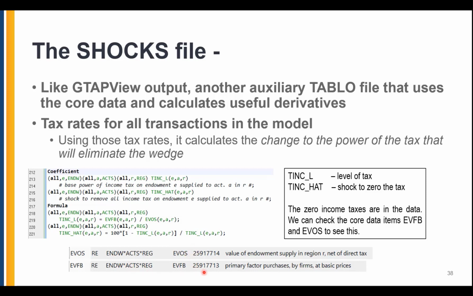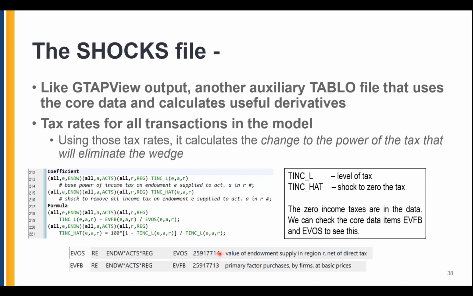And you see here that the values are very close. These are aggregates, right? So this is for all the endowments, all the activities, all the regions. What's the total value if you add it up in the EVOS matrix or the EVFB matrix? They're essentially equal. So there are some small sort of smudge factor income taxes living in the database, but none of them are very large, right?